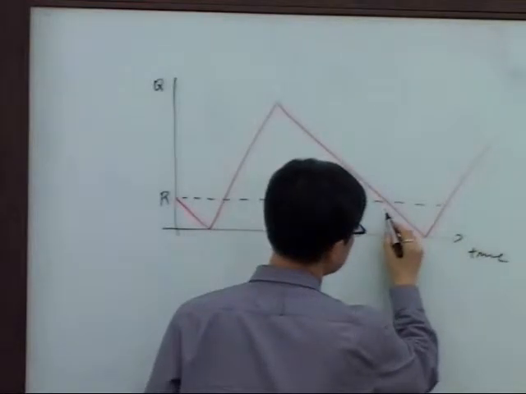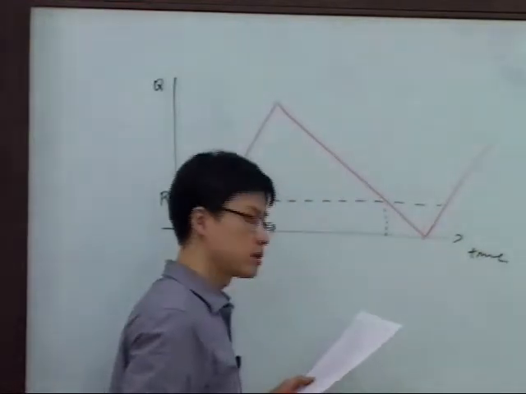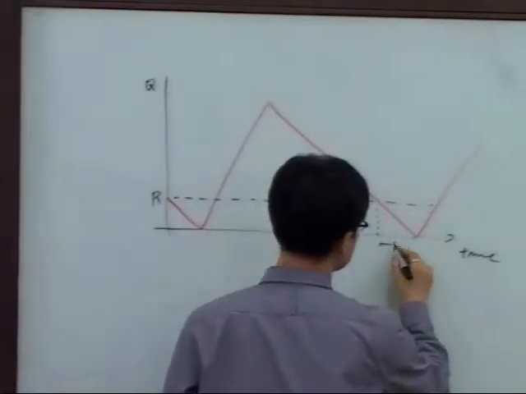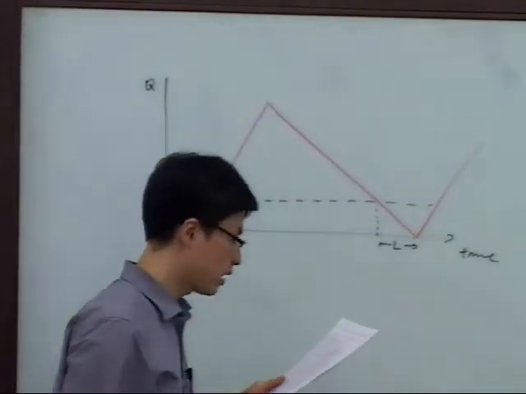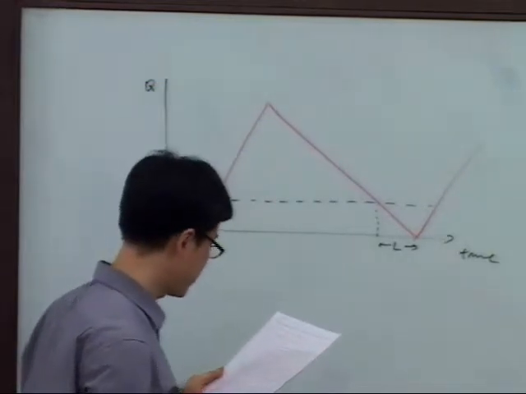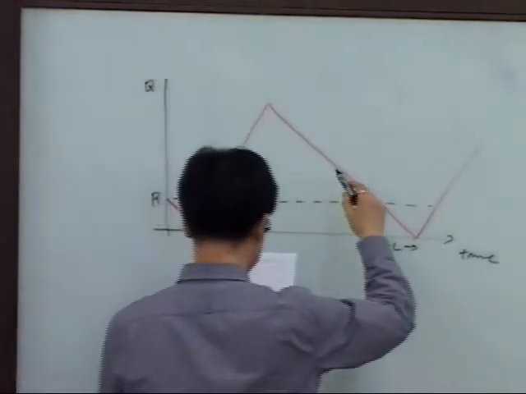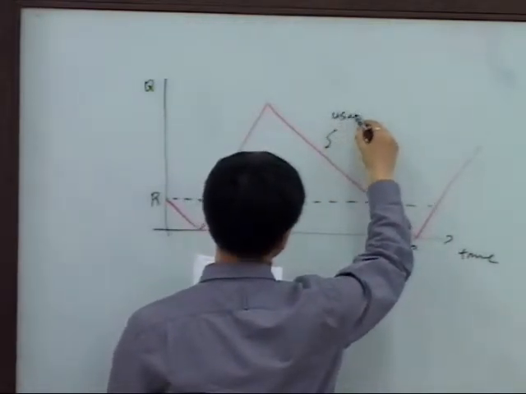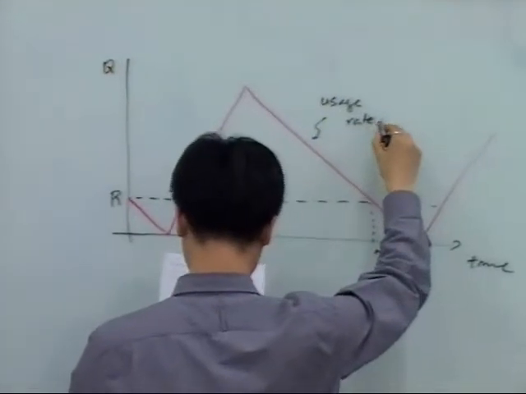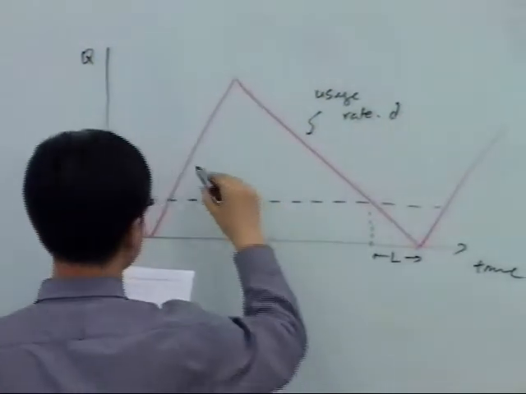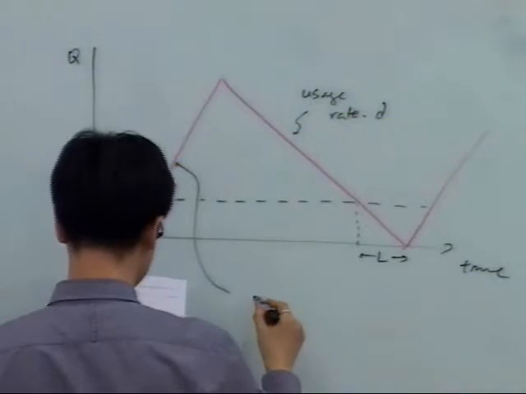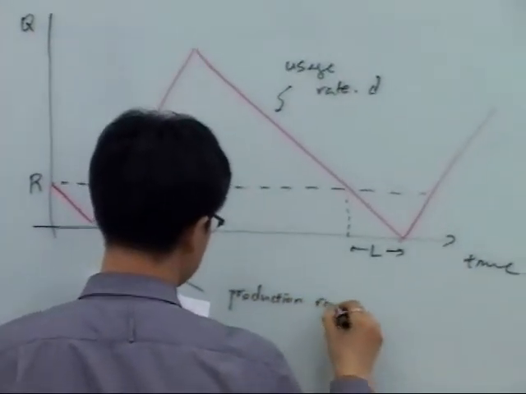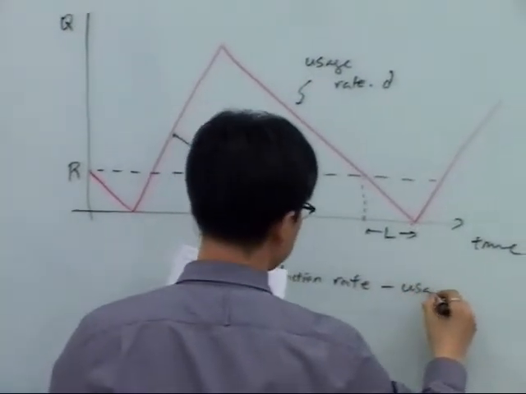However, this is not instantaneous delivery; you need some kind of time. This slope is based on the usage rate, D, and this slope is production rate minus usage rate.